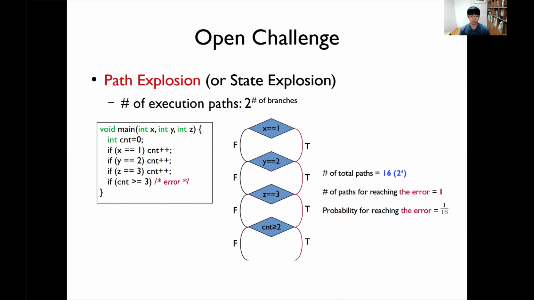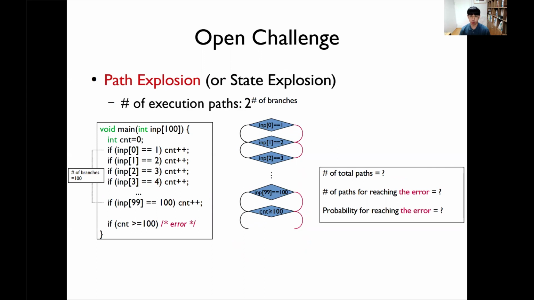Yes, the answer is only a single execution path, which exercises all 4 true branch conditions in this code. That is, if we blindly explore execution paths even in this toy code, the probability of reaching the error is 1 in 16. Of course, exploring 16 paths is trivial.